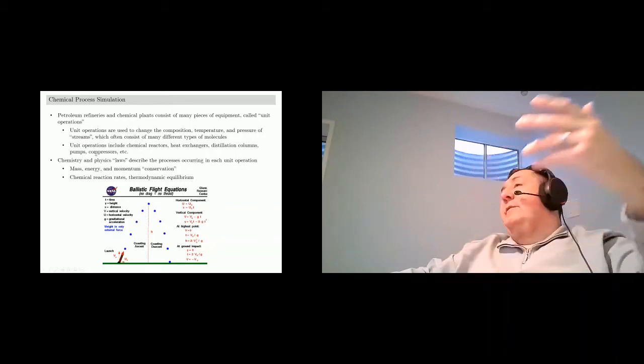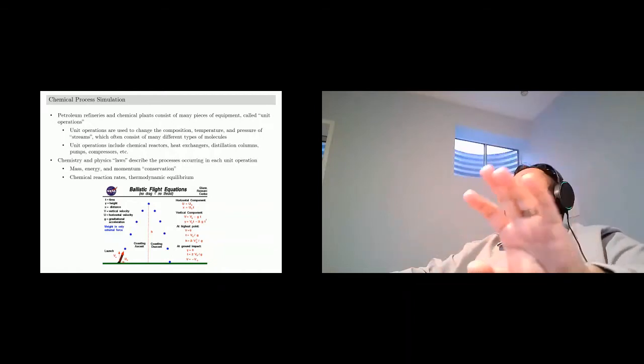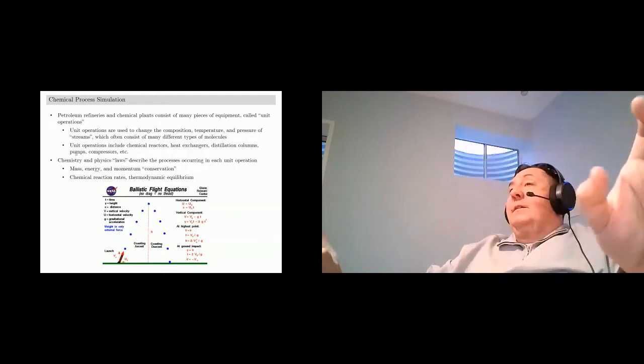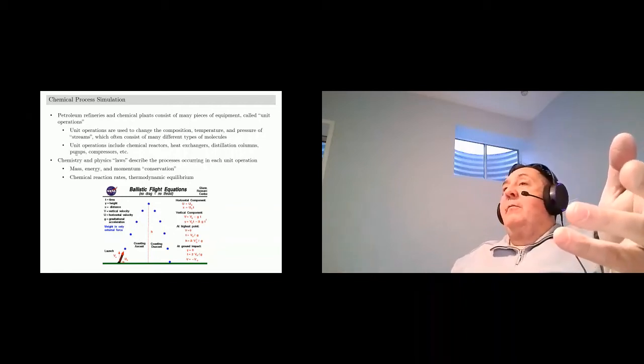You have valves that reduce pressure. You have all kinds of other different pieces of equipment. And for every type of unit operation you can think of, there are chemistry and physics laws that describe what happens in each unit operation.